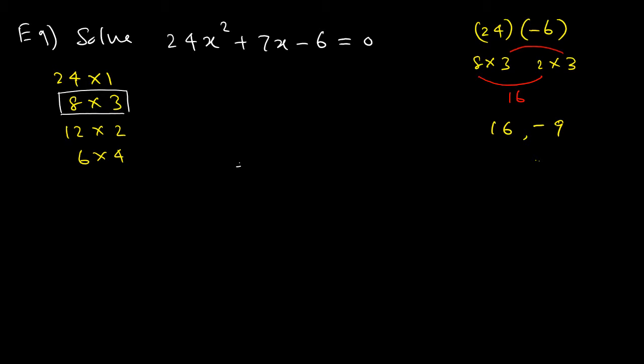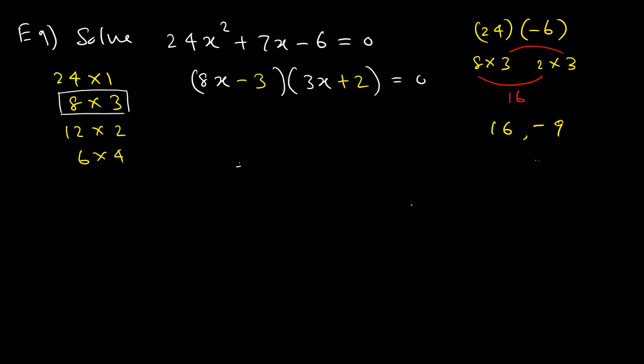So that suggests it has to be (8x and 3x) equals 0. And to get the numbers, we have 8, so we can divide 16 by 8. That means this has to be plus 2. And then we have 3, that means this has to be -3. So you get the factoring like that.